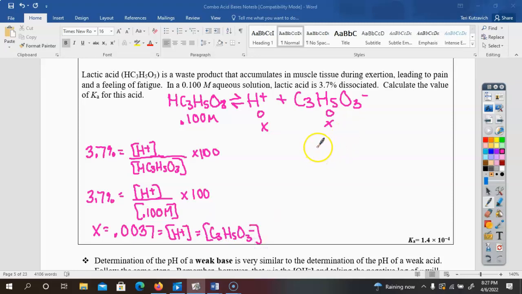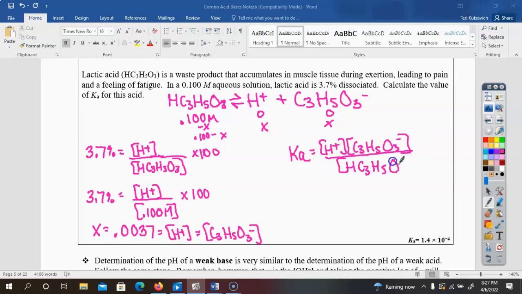Well, let's set up a Ka. You know this is going to be minus x, 0.100 minus x. Ka equals H plus times C3H5O3 negative divided by your acid. Guess what we're going to do? We're going to ignore our bottom x. So we have x. Ooh, we have values for those.